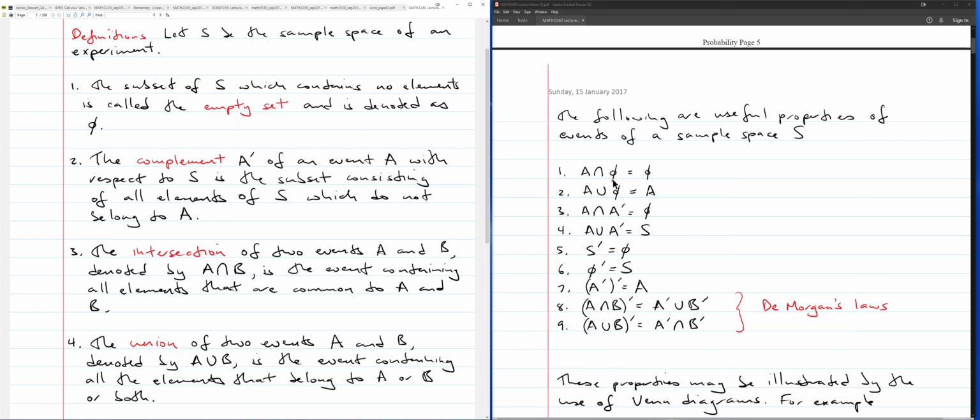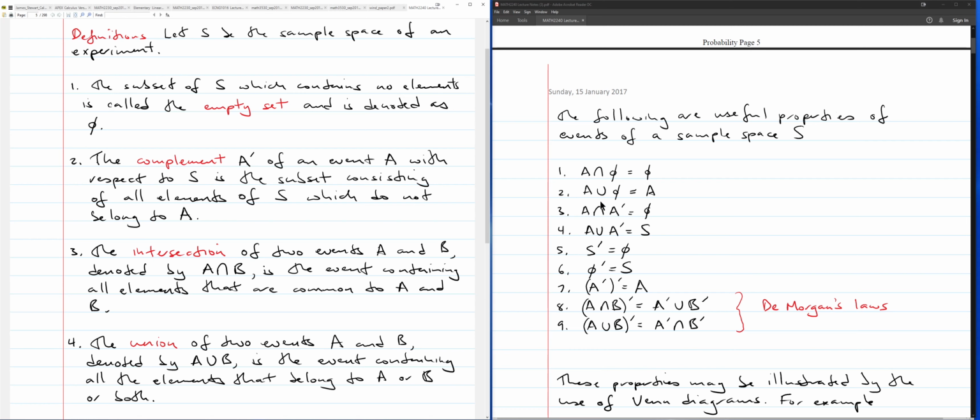But the empty set doesn't contain anything, which means there's nothing in common between A and the empty set. So if you take the intersection of A with the empty set, you're really just going to get back the empty set.